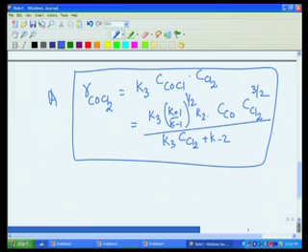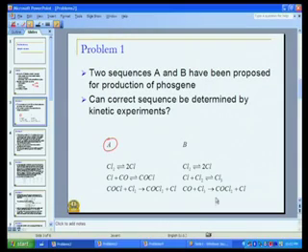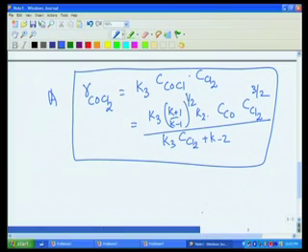Now, if I go through the same series of steps for mechanism B, which is given here, Cl 2 going to 2 Cl, Cl plus Cl 2 going to Cl 3, and Cl 3 plus CO going to COCl 2 plus Cl, I will not repeat the same calculation, but writing the same rates, we will get the following.